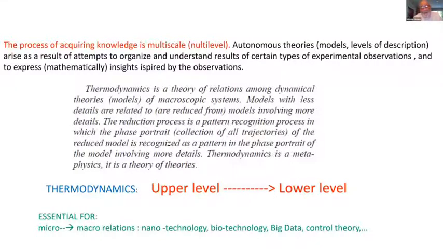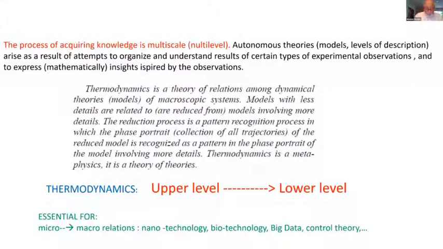I suggest to consider this passage from upper to lower as a kind of general thermodynamics, and I will argue that this indeed includes the classical understanding of thermodynamics, and it is an invitation to use thermodynamics in microscopic physics and in other fields.